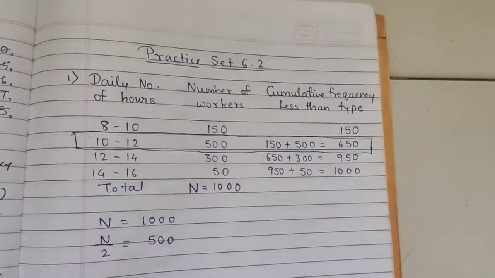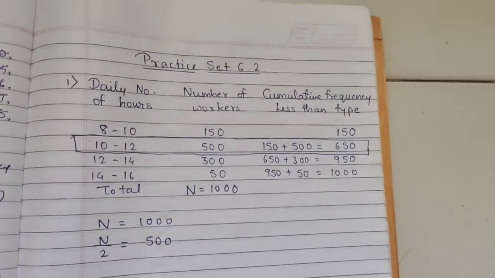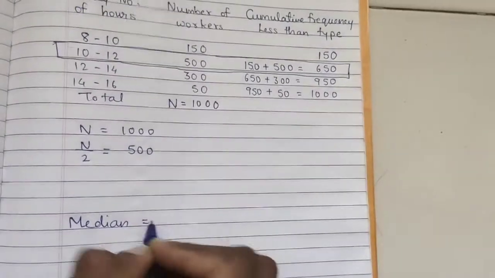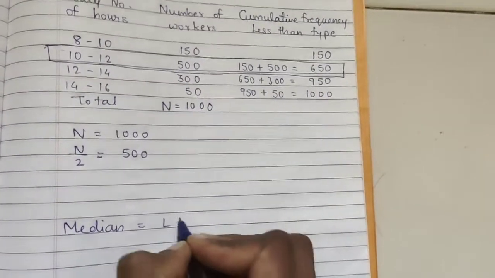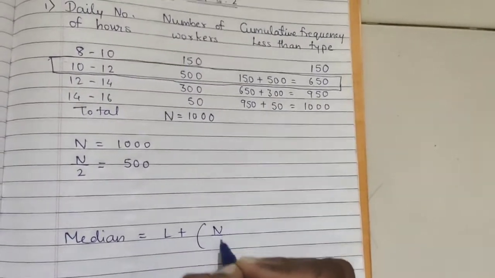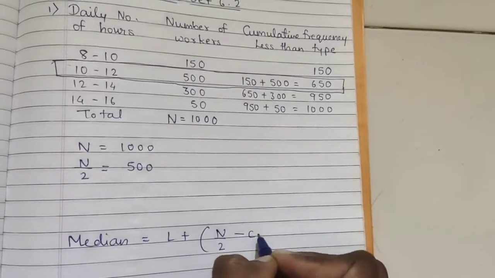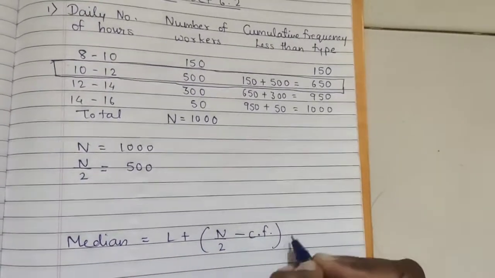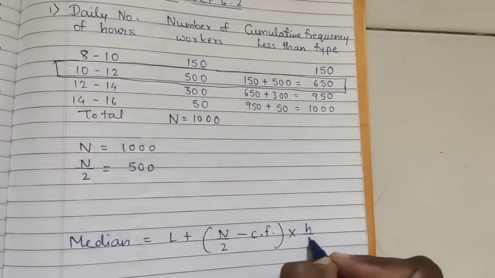Now what is the formula of median? The formula of median is L plus, bracket, n upon 2 minus CF, into h upon f.